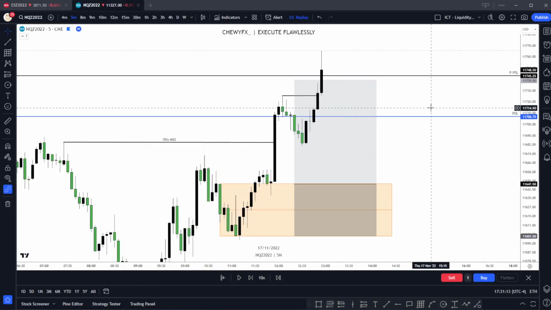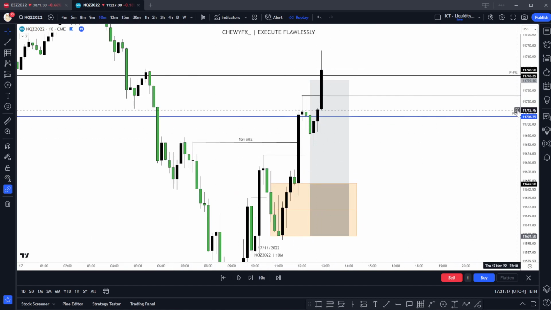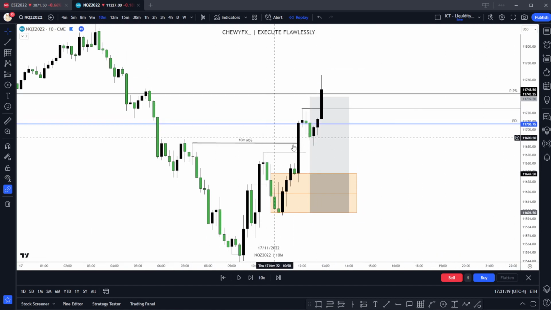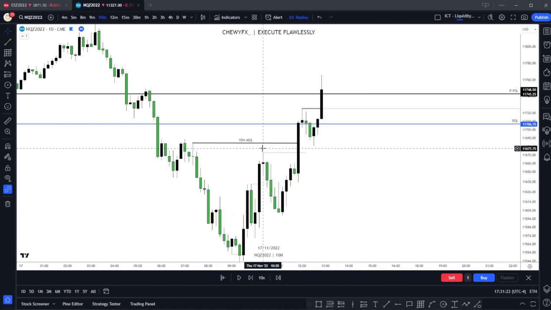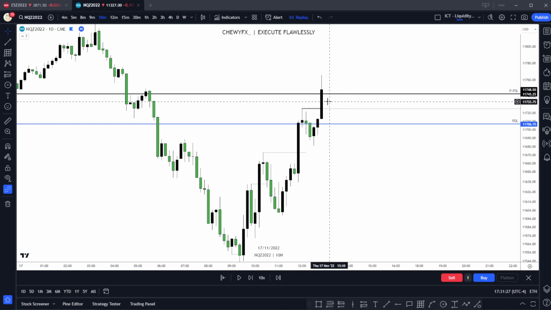Because the previous session low is there, we could potentially look for, actually, you know what, never mind, forget what I said. There would have been no entries for the day. I was originally going to say we could look for EM3, but the whole point of EM3 is that the second we sweep daily liquidity, that's when we can look for EM3. But in this case, that just is not the case.